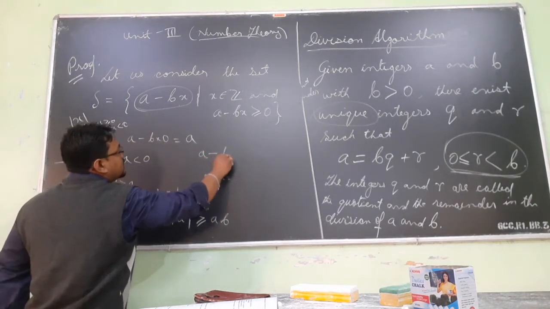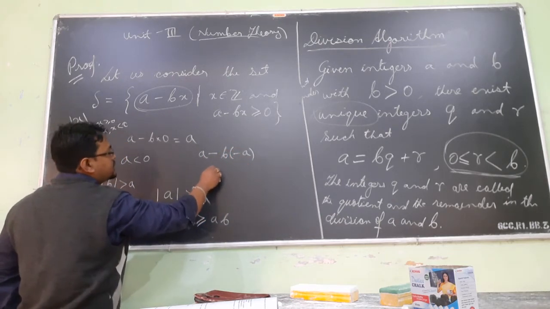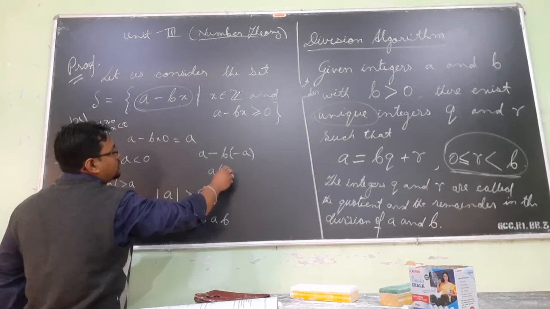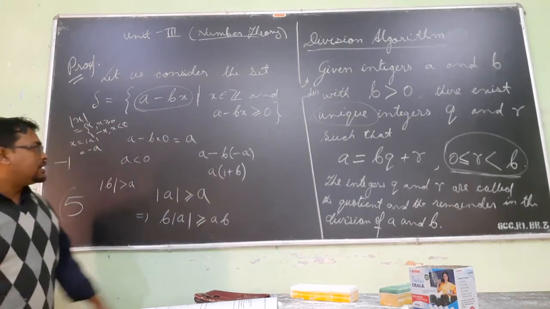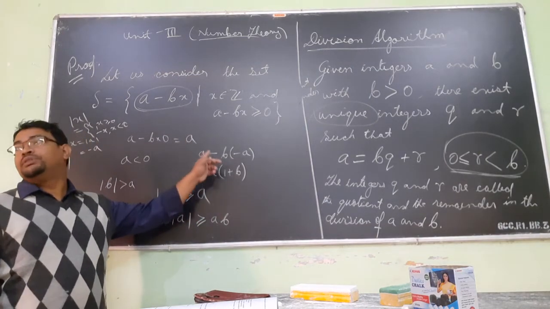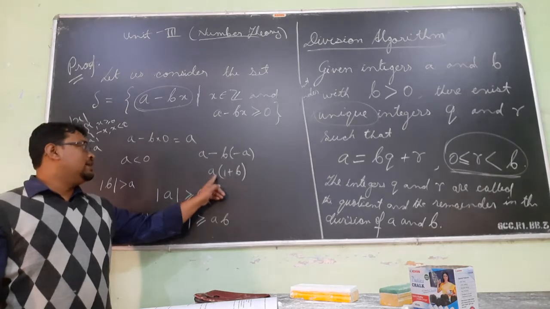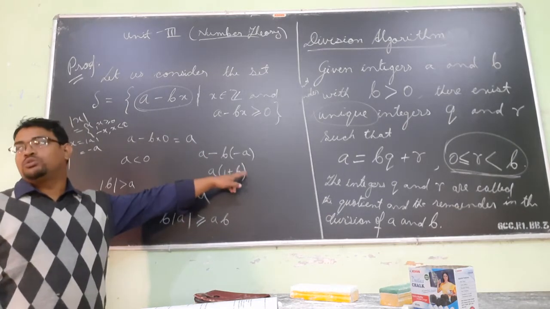A minus B into minus A, which gives A into 1 plus B, and B is greater than 0. But again, I have taken A to be negative, so A into 1 plus B is again negative. So x equal to minus A is also not working.